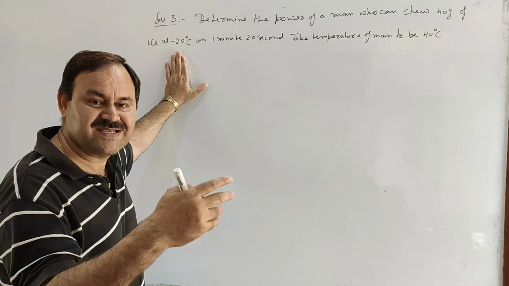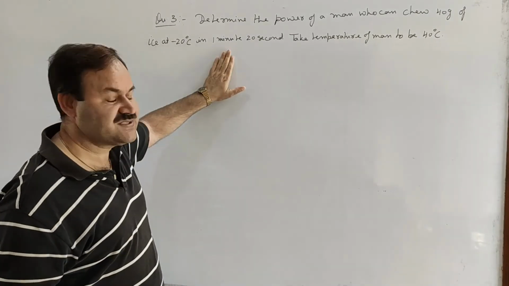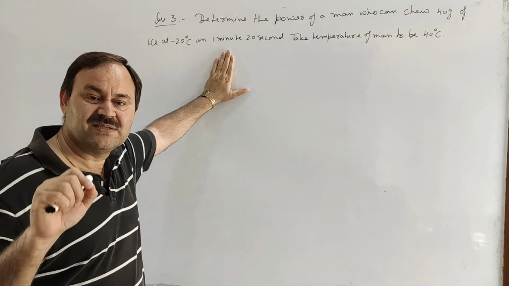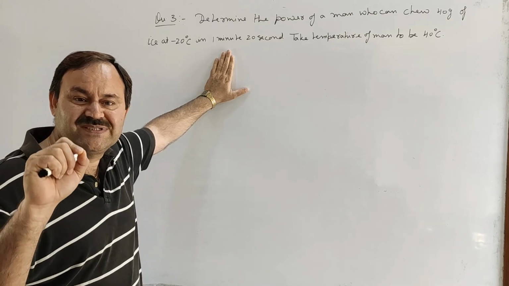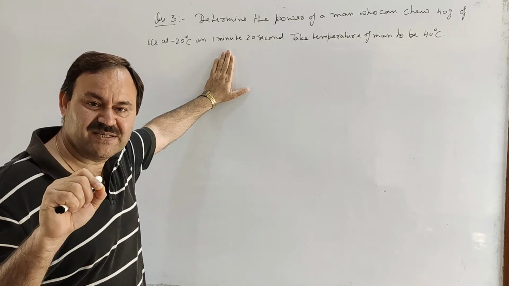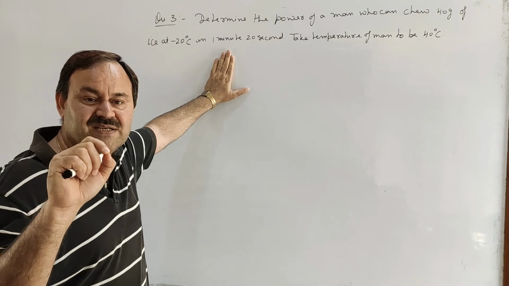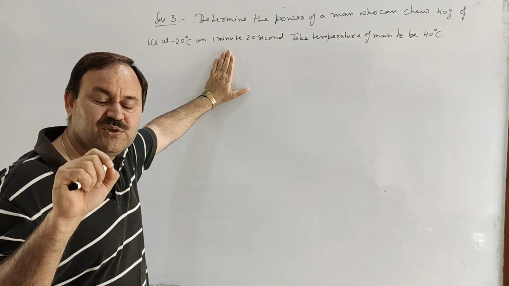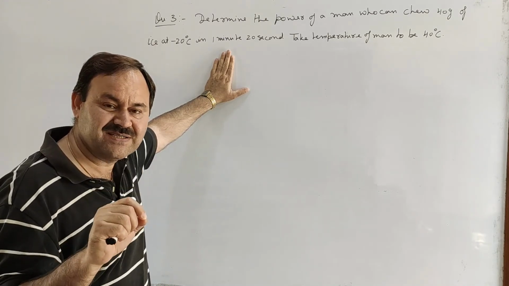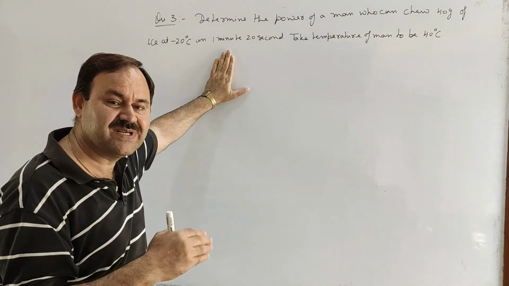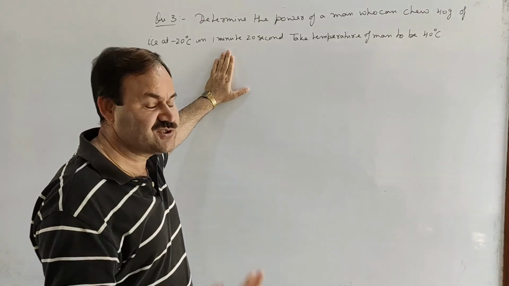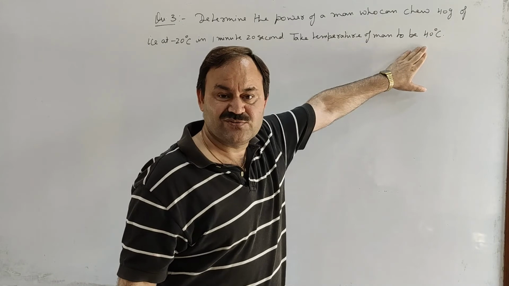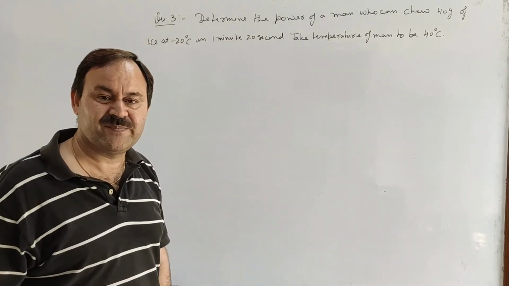After the ice has melted, the person will bring the temperature of the water formed due to the melting of ice from 0 degrees Celsius to its own temperature, that is 40 degrees Celsius.